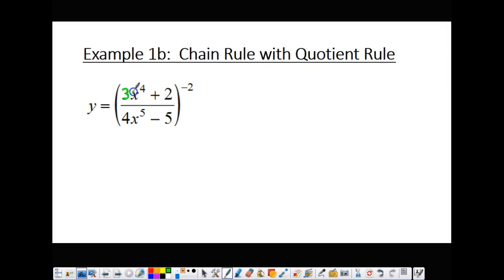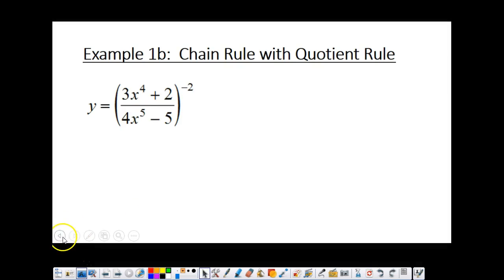So we start with the outside first, and the outside is just something to the -2, right? So you always want to start with the outside thing first. And in this case, the outside is going to make you have to do the chain rule first. Whereas if we back up for a second here, let's look at the one that we just did.